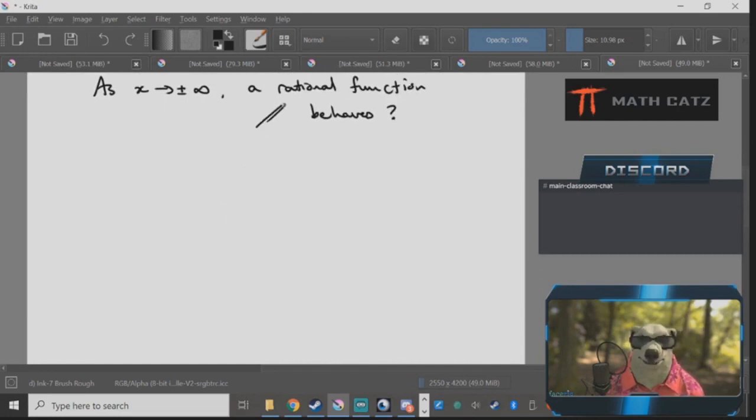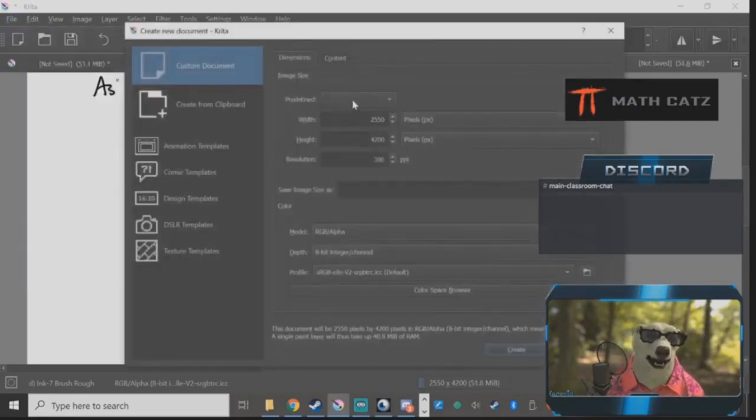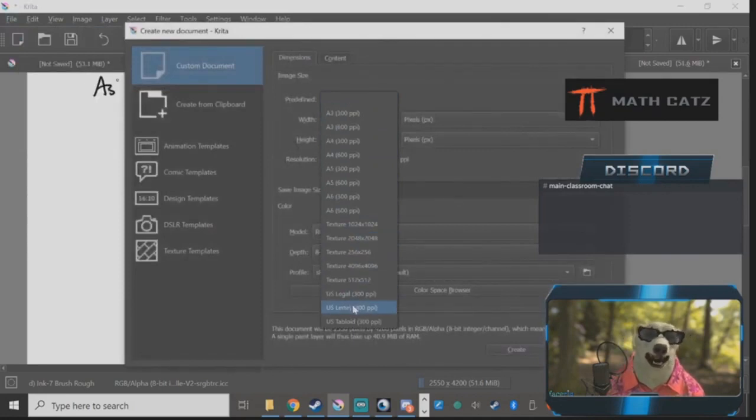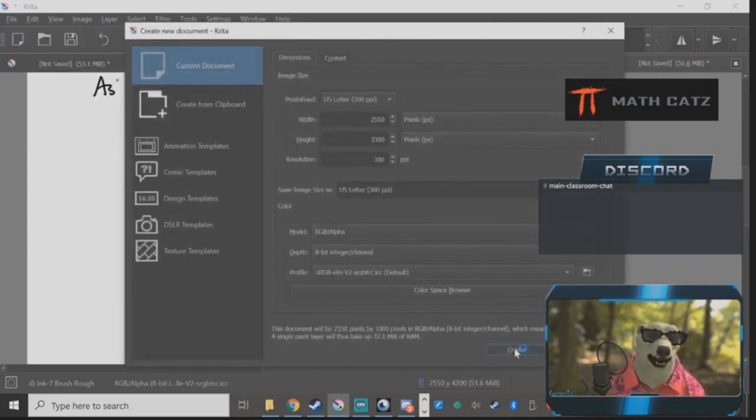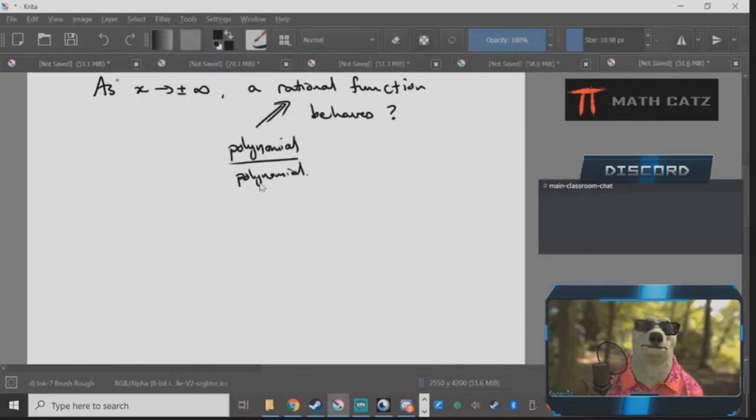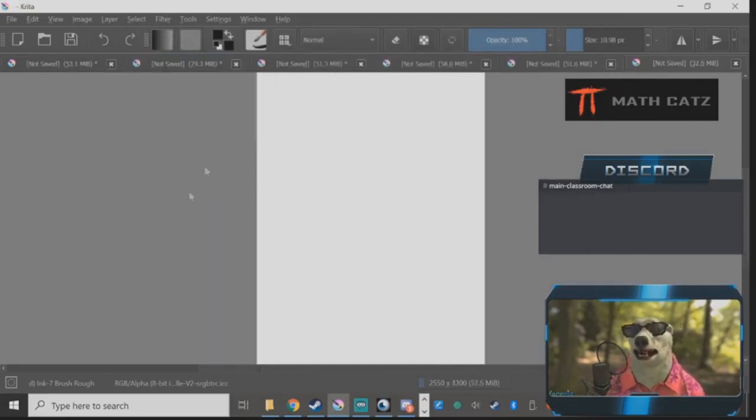The news is pretty good because it's polynomial over polynomial. So let's just do a couple of problems and then we see it's actually quite straightforward. There are more things that could happen as an answer, but it's not complicated to look at because I'm building on my knowledge of polynomials.